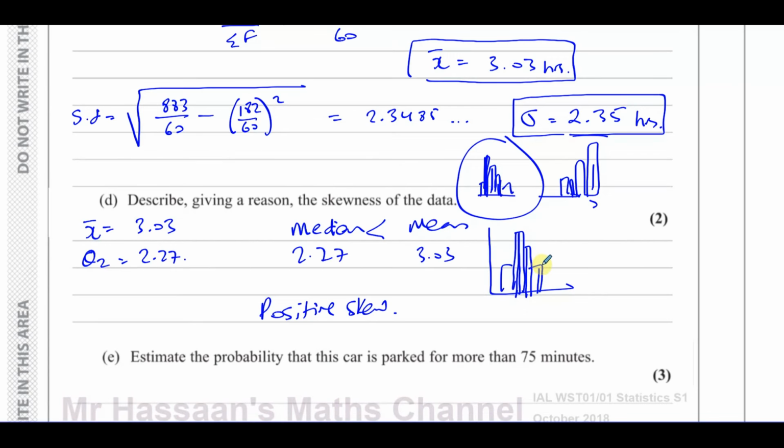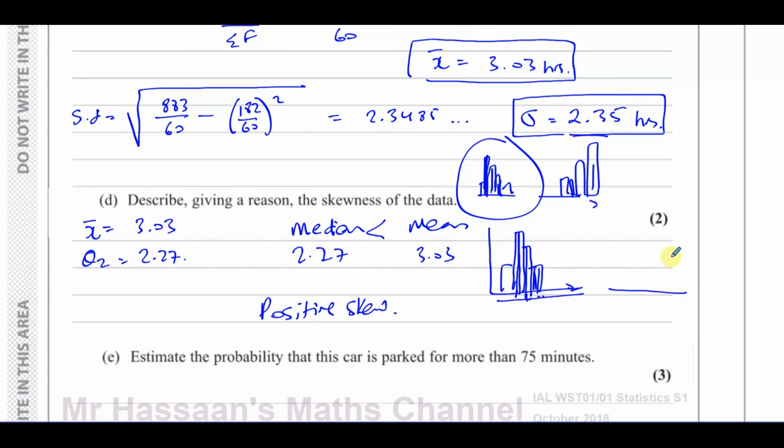So in this case, the median is a higher bar than the mean, but its value, in terms of the time, is less than the mean. So we have data which is positive skew.